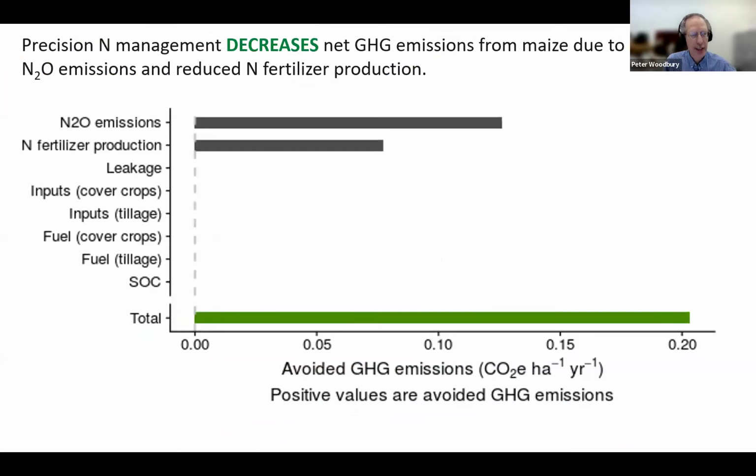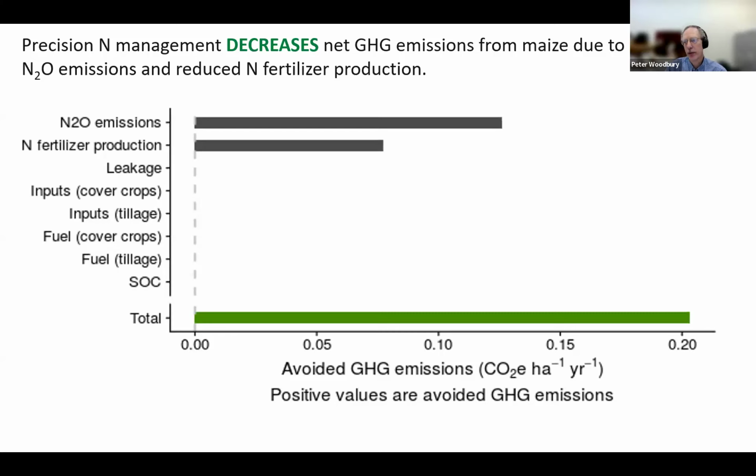The next example is precision nitrogen management. And I'll talk a little bit more about what this practice means a little bit later, but it involves just improving the timing and the rate of nitrogen fertilizer application.